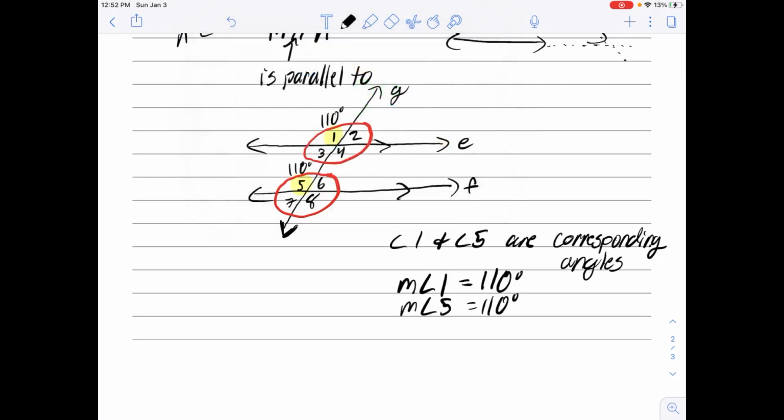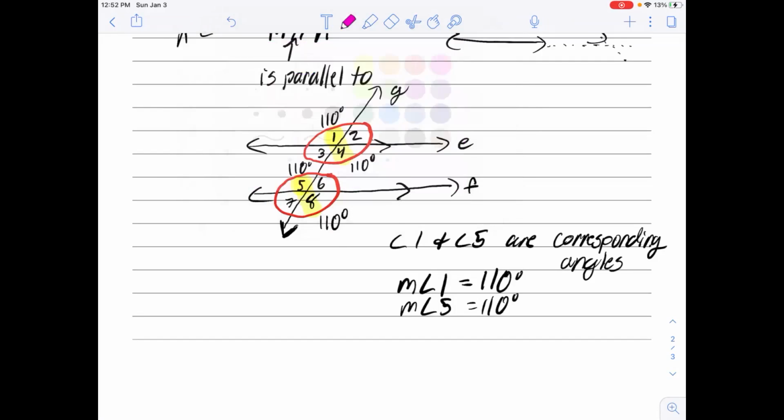For example, I know that 1 and 4 are opposite each other. That's vertical angles. That means 4 also has to be 110 degrees. 8 also has to be 110 degrees because it is vertical to angle 5, and it's also corresponding to angle 4. So all 4 of those are 110 degrees.